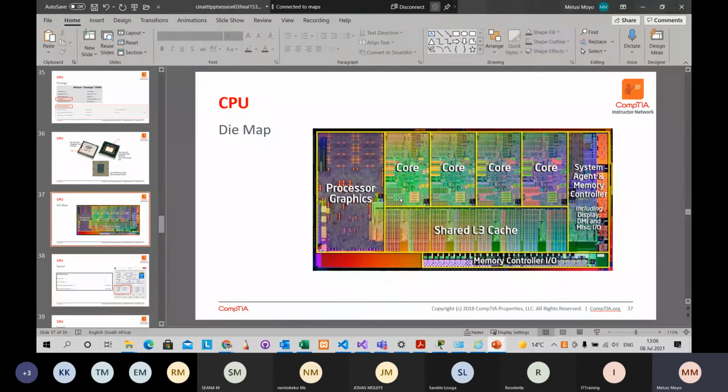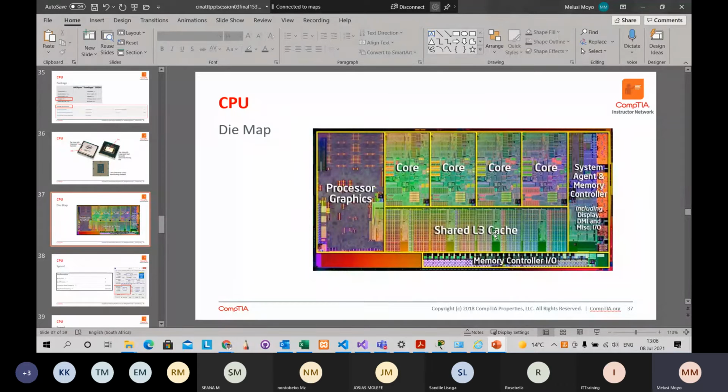L2 cache is also built in the core, right? And then if L1 and L2 are full, the other instructions will be moved to what? To the L3 cache. So now we're giving you an example of, let's say, only one core, right? Forget about these other ones for now.